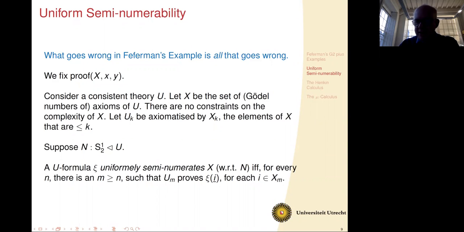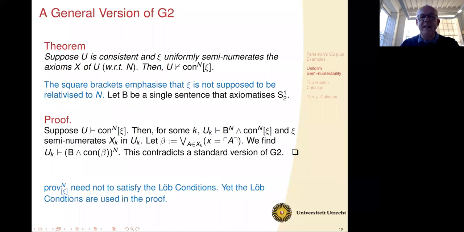So for any finite subseries, we can find a slightly bigger finite subseries such that the bigger one proves that all its axioms are actually axioms. As soon as you take some finite subseries, there is always a larger one that escapes the mechanics of the Feferman counterexample. That's precisely what we demand. And if we have this, then we get my general version: suppose U is consistent, and suppose Xi uniformly semi-numerates the axioms X of U with respect to N, then U does not prove the consistency of Xi.